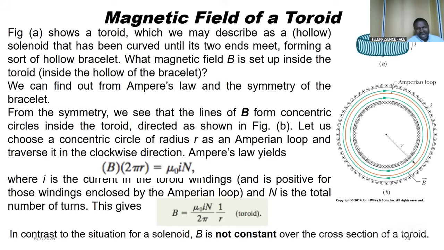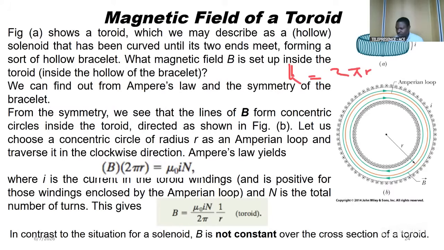The magnetic field B set up inside the toroid is more or less the same as that of a solenoid. The only difference is that when we derived that of the solenoid, the integral from A to B was h. But in this case, the length is going to be 2 pi R because it is a circular form.